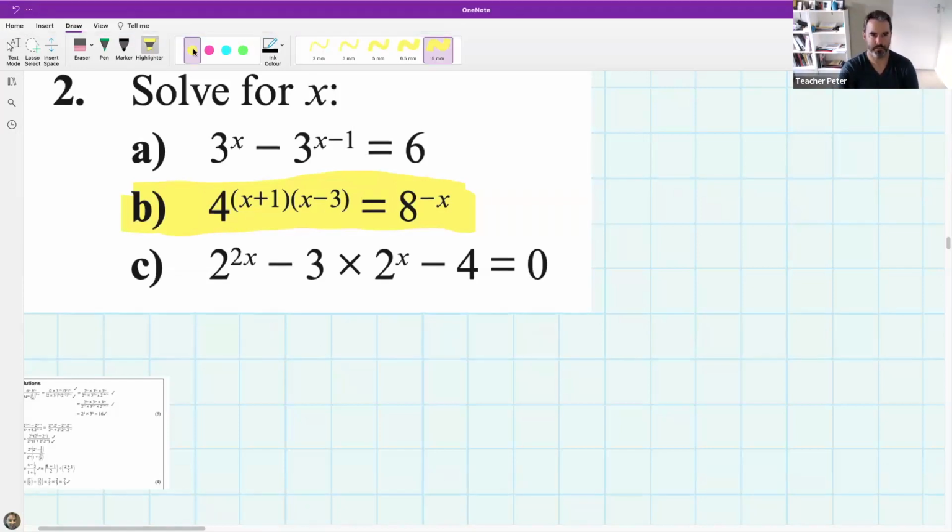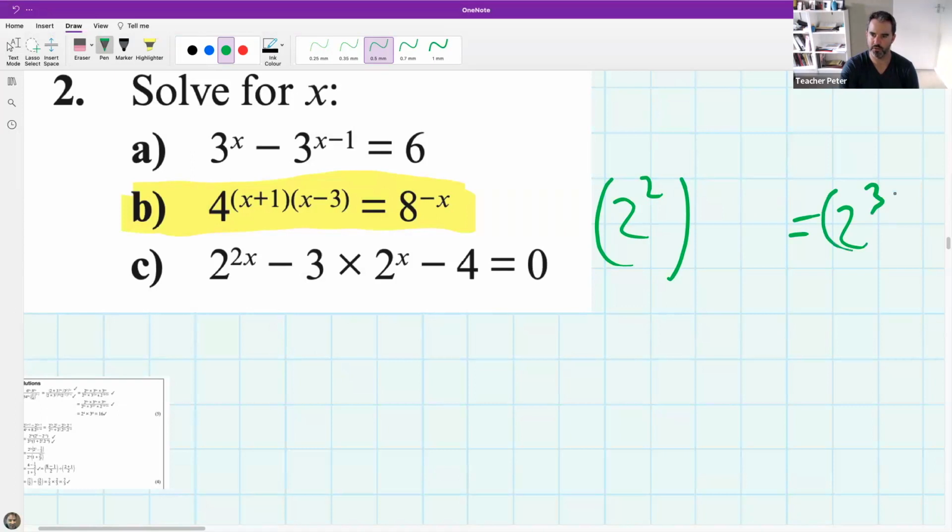My tip is to look at 4 and 8 and ask, what can both of those be broken down into? I think that they both can be broken down into powers of 2. Now, how that helps me is up to you, but just think about how that might help you.